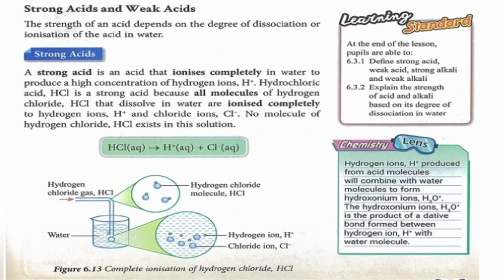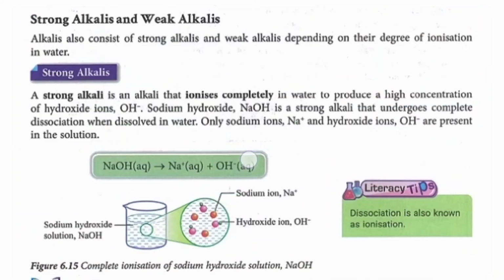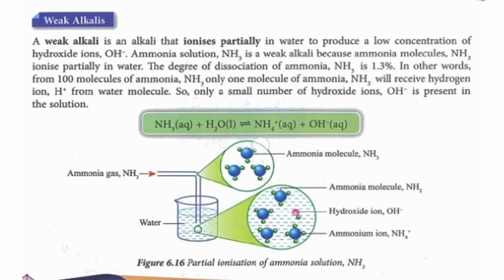Do you understand what I mean? Even though the acid is dilute, if its degree of dissociation is high or it is ionized completely in water, it is still a strong acid. Always remember, the strength of acid and alkali must refer to the degree of ionization. Okay, thank you.